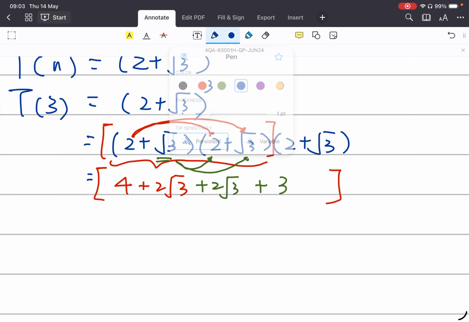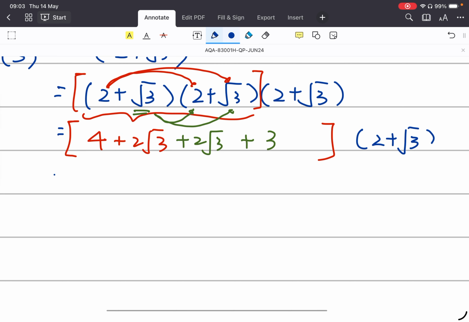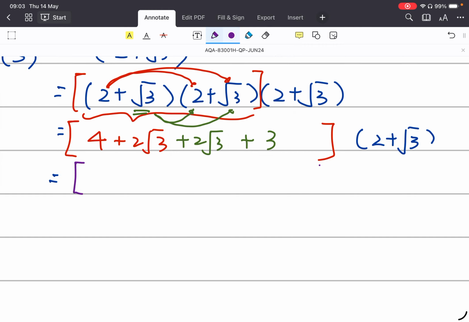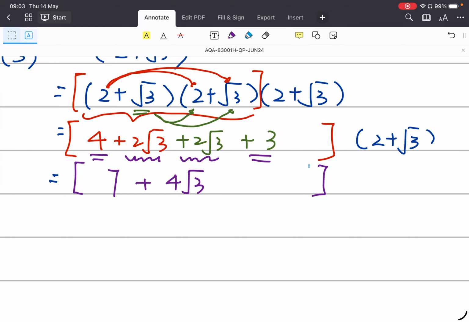And then we keep the 2 plus square root 3 at the back. Before going further, we simplify the second level layer, which is 4 plus 3, 7, and 2 root 3 plus 2 root 3, which is 4 root 3. Then we keep the bracket 2 plus square root 3 at the back.